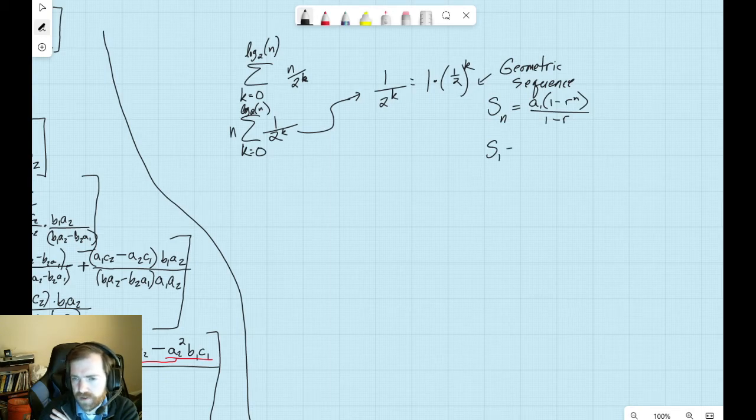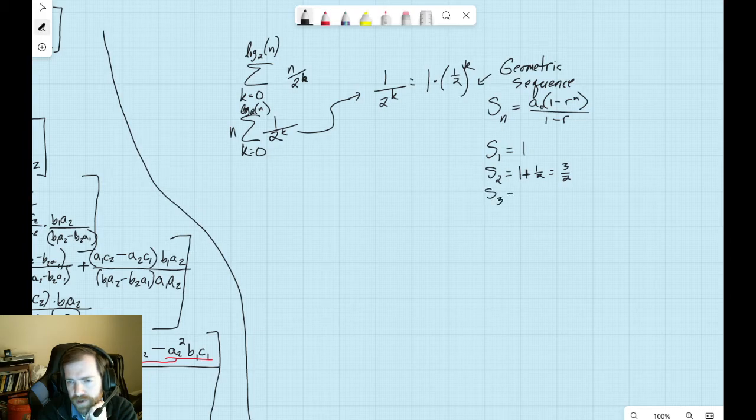Alright, so let's just do this. So S sub 1 is going to be, A sub 1 is going to be, if we plug in 0, so I guess A sub 0 technically, but whatever, it's fine. K equals 0 is going to make this 1, so that's just 1. Second partial sum is going to be 1 plus, next number is a half, which is going to be 3 halves.